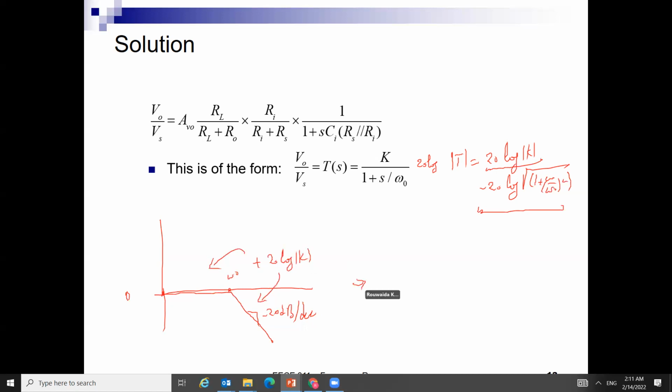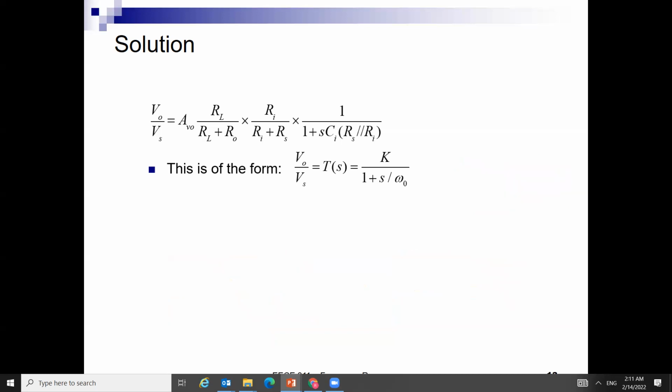So we will wind up with a dB plot that starts at 20 log K, which is the midband gain or the low frequency gain. And then once we hit omega 0, we will have a slope dropping at minus 20 dB per decade. We're going to learn rules for how we handle that.